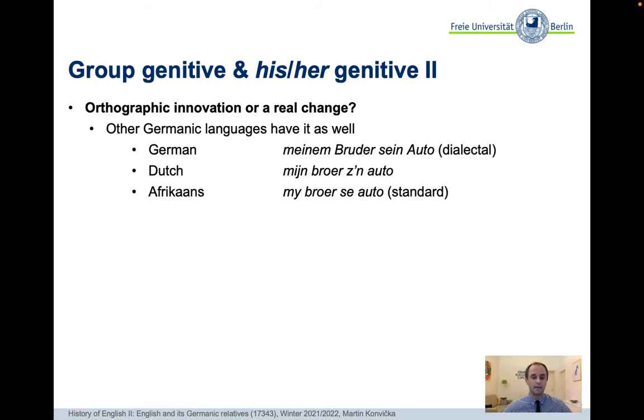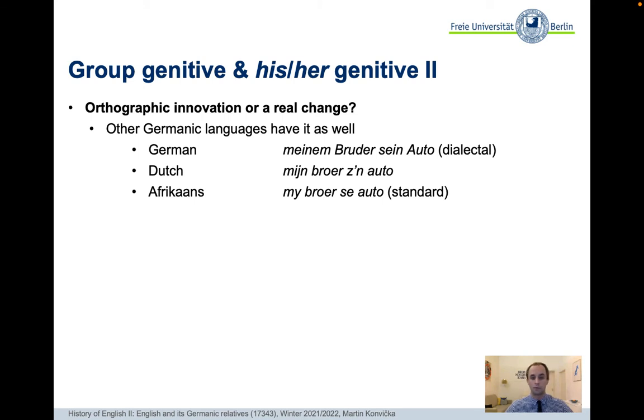And if we take a look at other Germanic languages, we'll see that they actually have a very comparable construction as well. For all of you who speak German, a variety of German that you speak might have this construction. Meinem Bruder sein Auto, right?